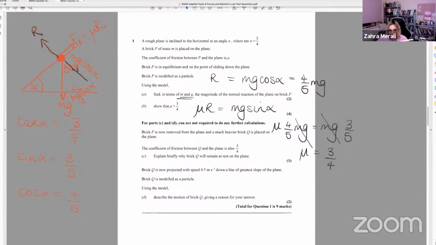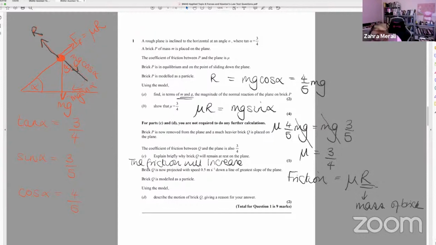Well, the friction will also increase by the same amount the mass increases, because if we think about it, friction is equal to mu R. R is dependent on the mass of the brick. So therefore it will increase in proportion, so nothing changes. So your answer would be the friction will increase in the same proportion as the weight.